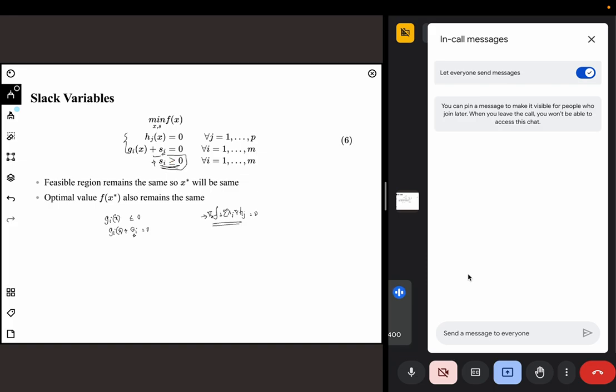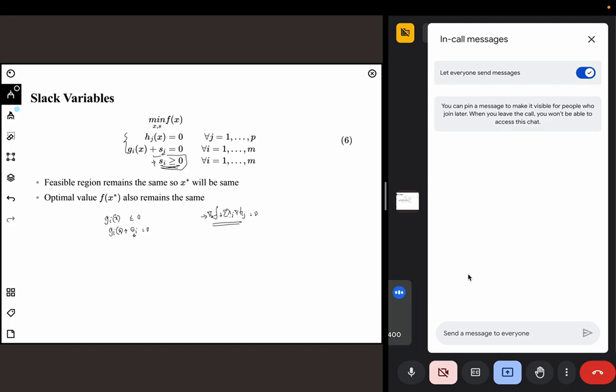Assume that in the way that you formulated, this will always be positive. Then you just have equality constraints. Then you can just use the Lagrange multiplier concept, and you can find your optimal values. You can find your lambdas. You can find your x. So essentially you have better methods to deal with equalities than inequalities. So we'll convert them into equalities and use the already existing methods for equalities and solve them.